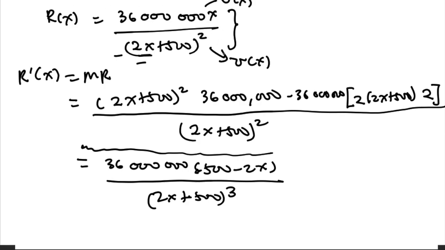Initially it is correct, squared, but here when you differentiate using the quotient rule, then instead of 2, you make it 4. Instead of 3, okay, this one is correct. Once you have corrected it, it becomes 3.